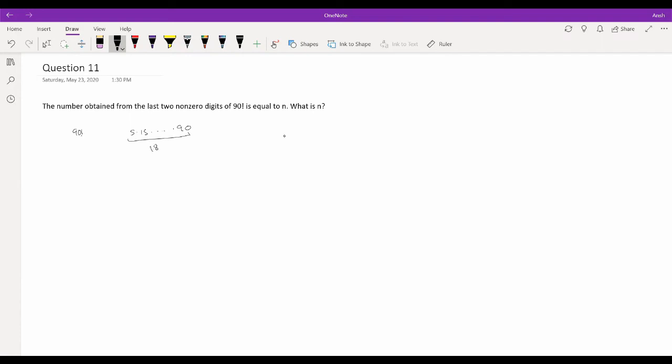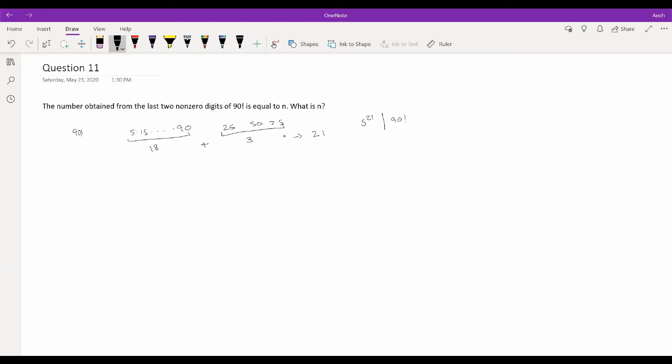But there's something you need to watch out for, which is that these multiples also include 25, 50, and 75, which are multiples of 25 as well. So each of those 3 has exactly 1 more multiple of 5 in them. So we add 3. So this gives us 18 plus 3, which is 21. So there are 21 zeros at the end of 90 factorial.